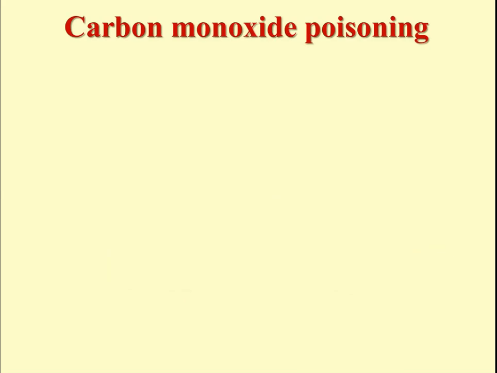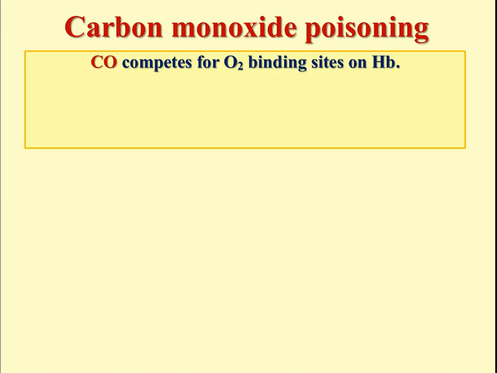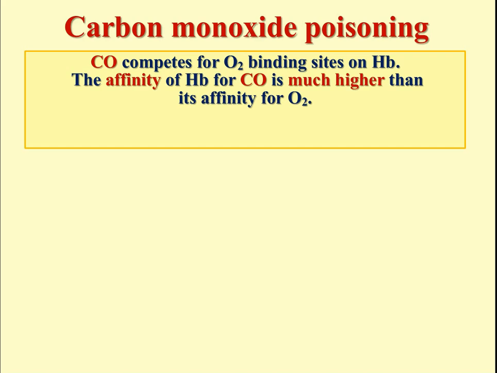Let's consider the next important moment, carbon monoxide poisoning. Normally, hemoglobin is designed to bind oxygen, but there is a substance that binds much more easily to hemoglobin, and this is CO, carbon monoxide.